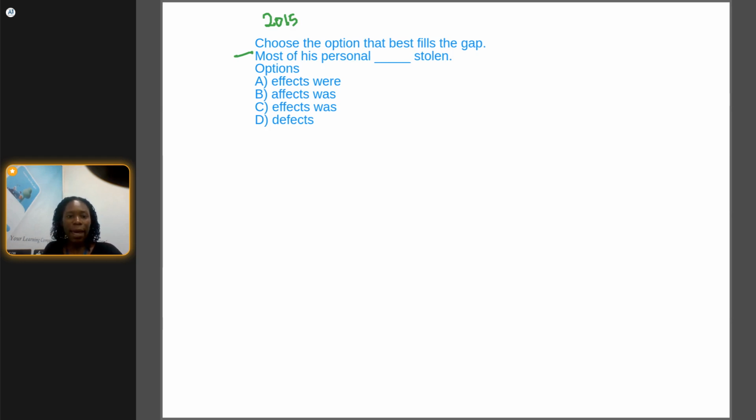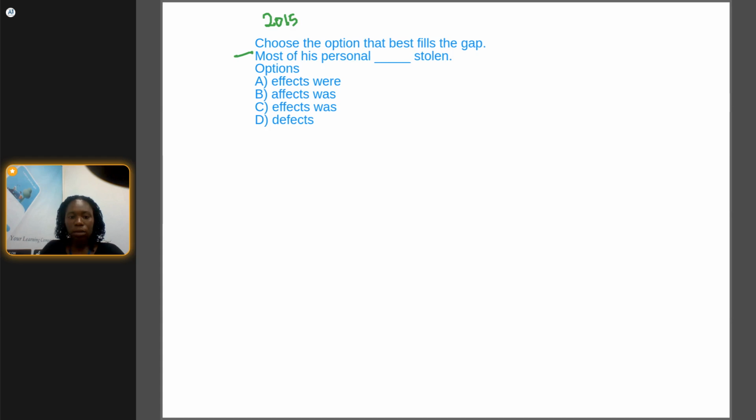We have option A as effects were, B affect was, C effects was, D defect. Now there are some things we need to understand, and of course context is in it. You need to understand the meaning of your options.